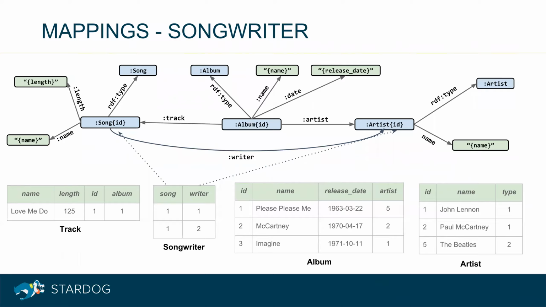So each row will generate one triple. Like the Love Me Do song connected to John Lennon for the first row, and the song connected to Paul McCartney for the second row, and for all the other rows in the table as well.